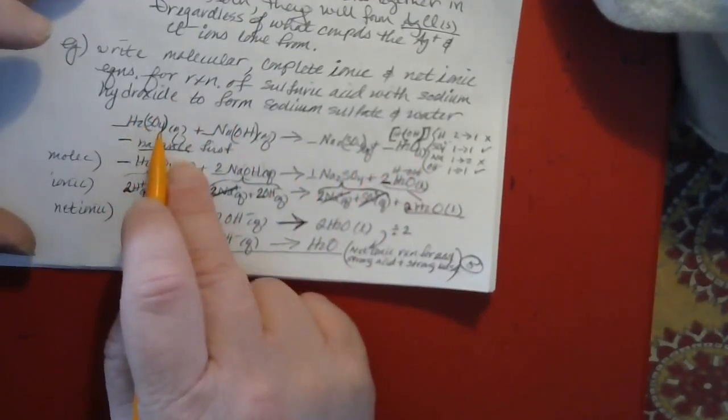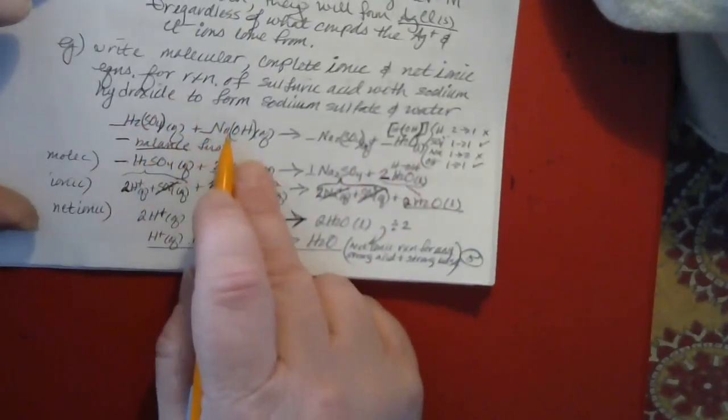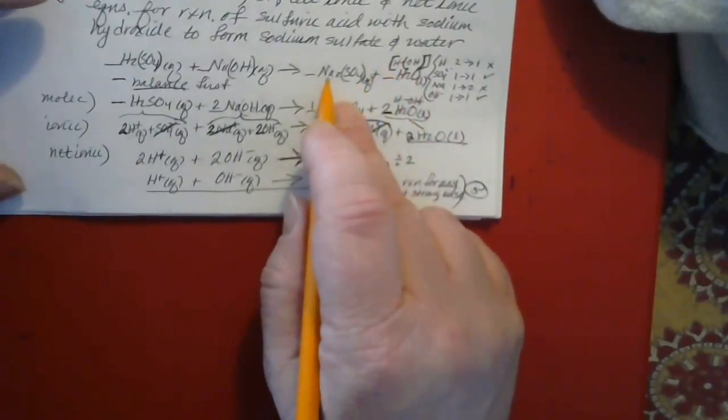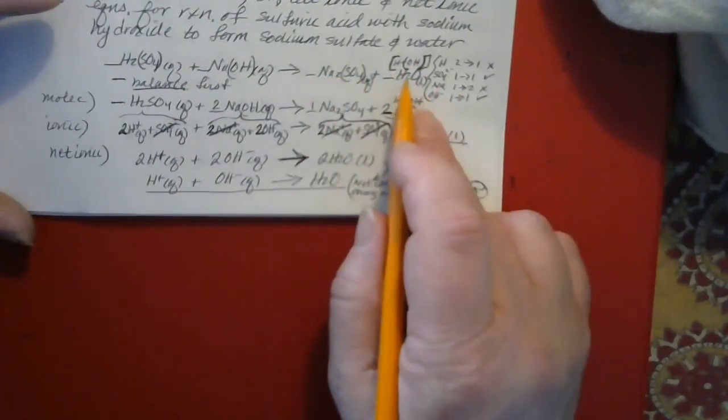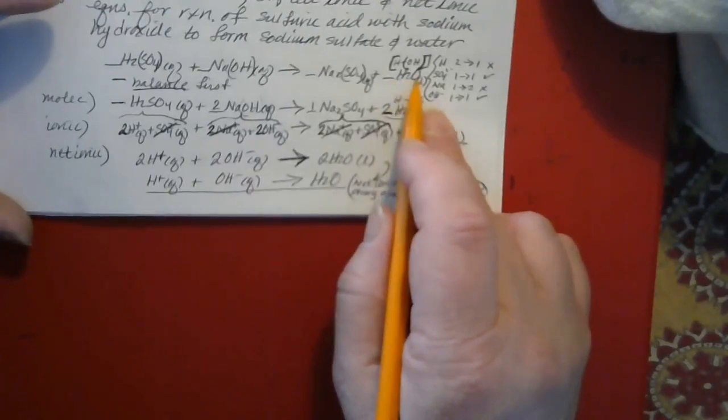Sulfuric acid has the formula H2SO4, and sodium hydroxide has the formula NaOH. Sodium sulfate, well, sulfate ion has a -2 charge, so it'll take 2 sodium ions because each of them has a charge of +1. It'll take 2 of those to cancel out the -2 on the sulfate ion. So Na2SO4 is the sodium sulfate formula. And then water is, of course, H2O.